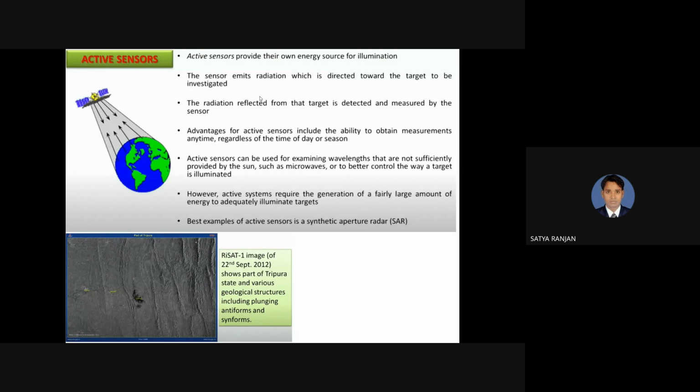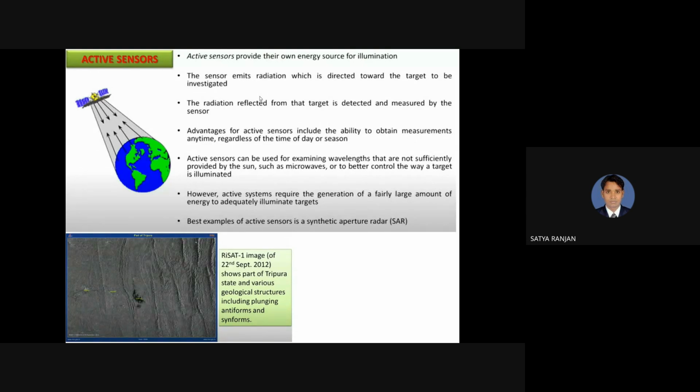For the same reason, if a passive sensor satellite image occupies 1 GB of data, then active sensor data occupies 100 to 150 GB. So the processing is very complicated, and it needs a very high level of hardware and software. So this is some of the difference.